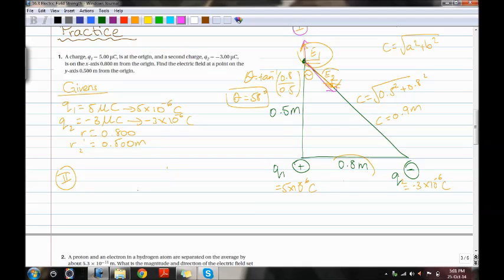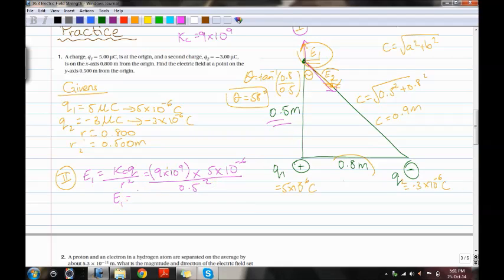So the second step is to find the E1 and the E2. So E1 equals Kc, which is the formula, Q over R squared. So Kc is 9 times 10 to the power of 9, and then we have times the Q1, which is 5 times 10 to the power of negative 6, over the R squared, which is 0.5 over here, because it's between Q1 and the test charge, so we use 0.5 squared.